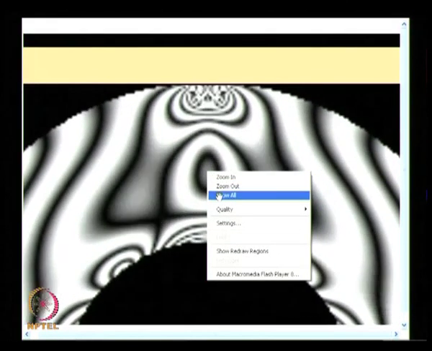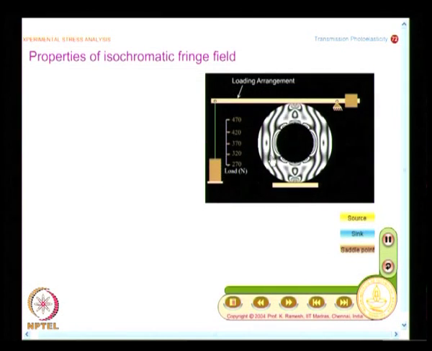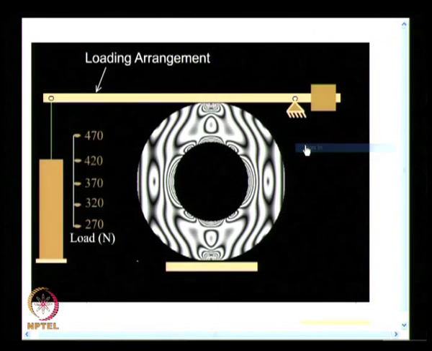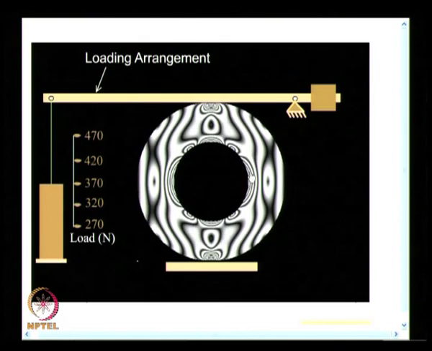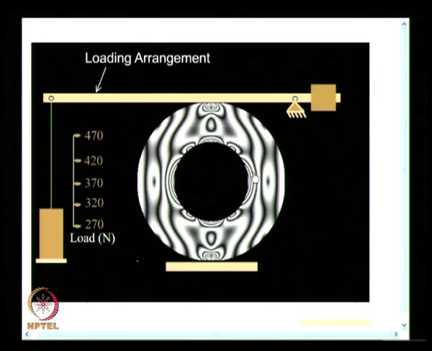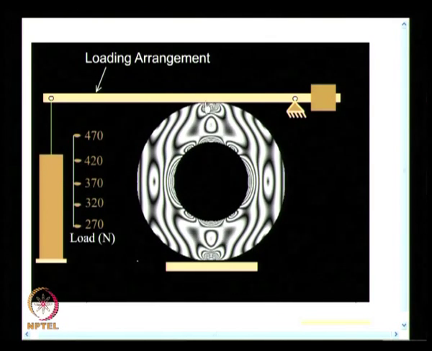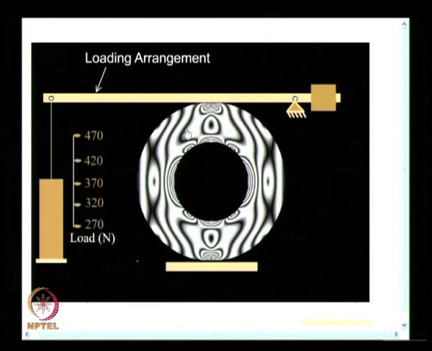The other feature we have looked at is points where fringes originate. I have a fringe originating here, a fringe originating here, I have the load application point, and they move out.